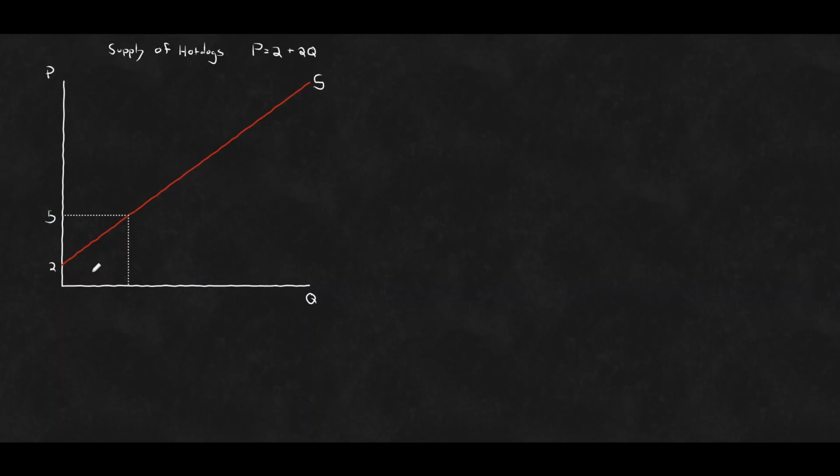And if we had a price of $5, we would have only one hot dog being supplied in this case. What we can see though is that doesn't come out of the formula again. What we have again in this formula is the other alternative interpretation of supply, which would be our marginal cost.